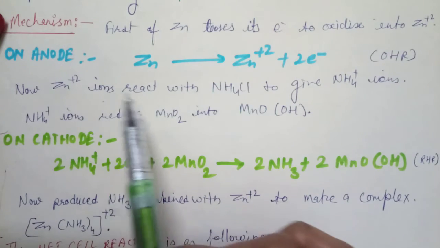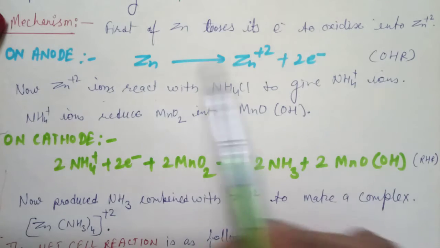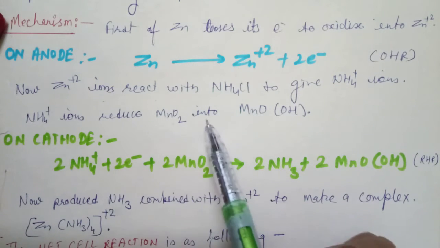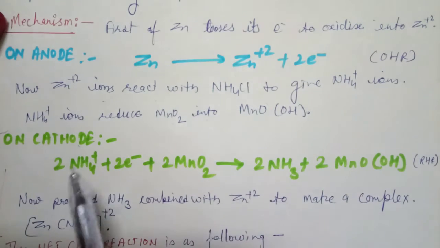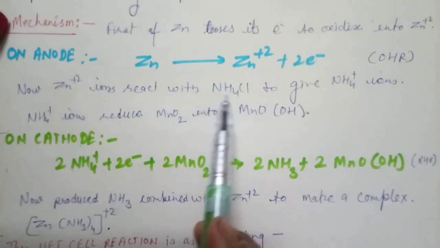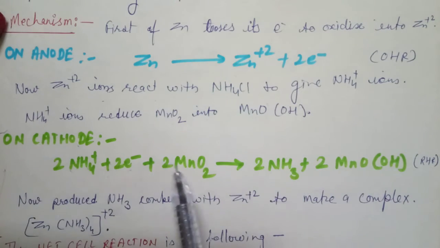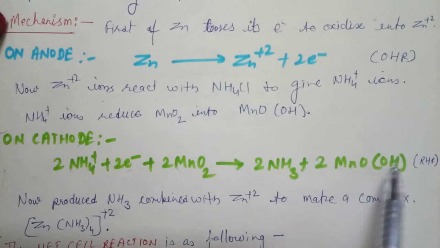This Zn+2 ion reacts with NH4Cl to give NH4+ ions. And these NH4+ ions reduce MnO2 into MnOOH. So at cathode, 2 NH4+ ions obtained from NH4Cl plus 2 electrons, these 2 electrons plus MnO2 is equal to 2 NH3 plus MnOOH.